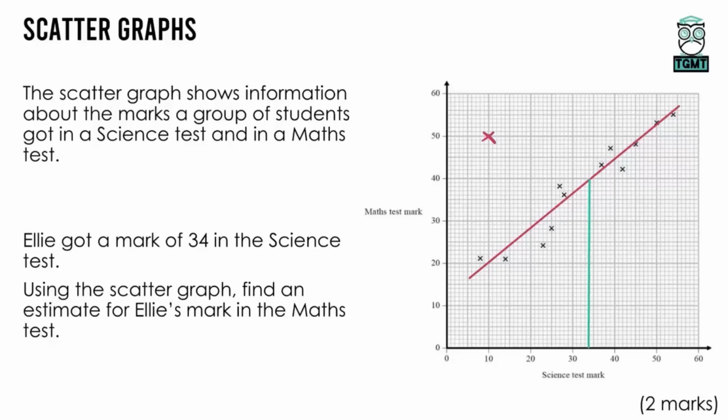Once we've done that, we're going to go straight over to the other axes, and you can see on this one it lands perfectly on 40. Now yours, if you were doing this, might not land perfectly on 40. It might have been just above or just below. So there are going to be a range of values that you are allowed, but for my one, we have 40. And there we go, that's using a line of best fit on a scatter graph.